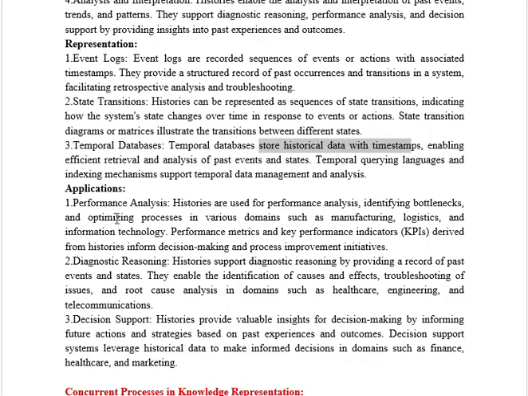These histories are helpful for performance analysis and diagnostic reasoning.